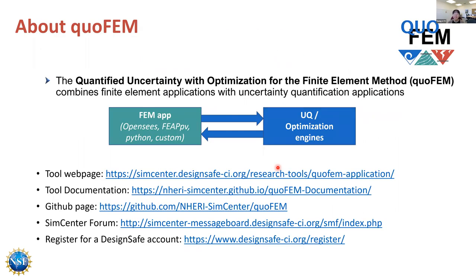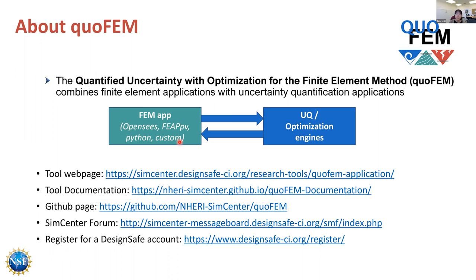Before we start, I want to mention that all the methods I will introduce today are implemented in quoFEM. quoFEM is a research tool developed at the Sim Center, which enables users to run UQ and optimization analysis using their own models, like those written in OpenSees or Python or any other simulation programs.